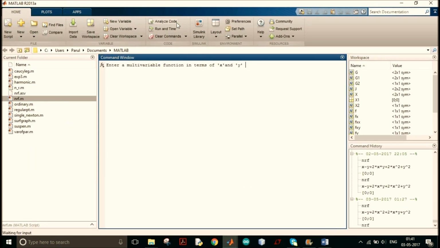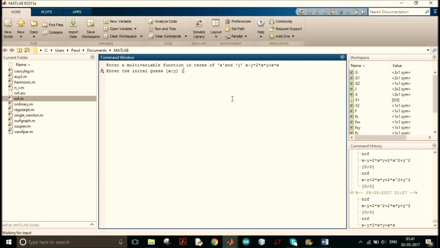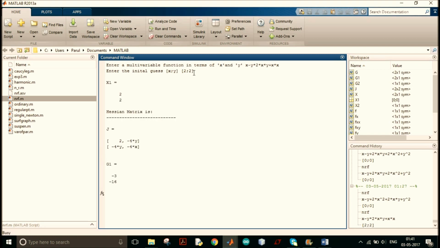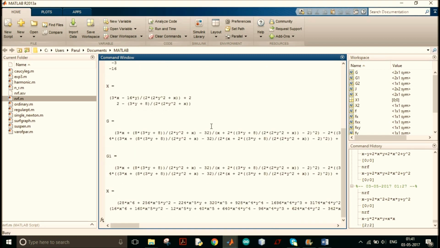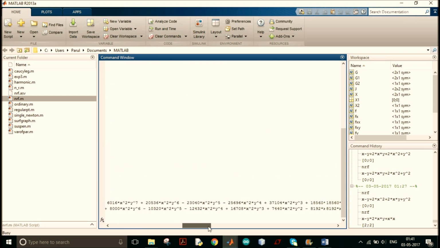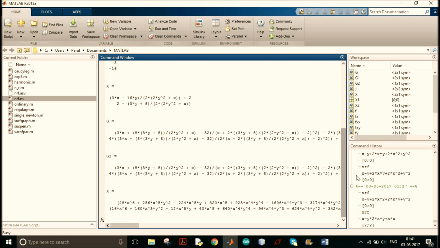Now I'll again run this code for one particular function and will show you what are the drawbacks of the Newton-Raphson method by this example. Now as you can see, for this particular function I did not get any optimum point, and MATLAB is still busy.